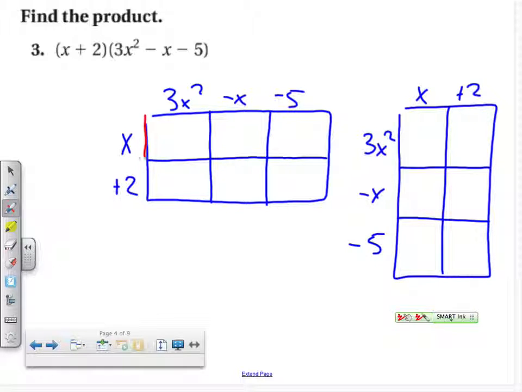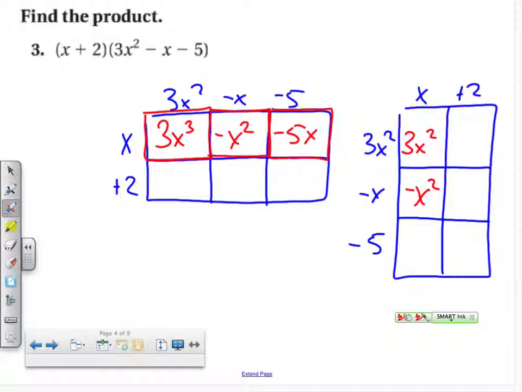This box right here, x times 3x squared, we get 3x cubed. That ends up being this box here. This box here, negative x times x is negative x squared. This box here, negative 5 times x is negative 5x. Okay?